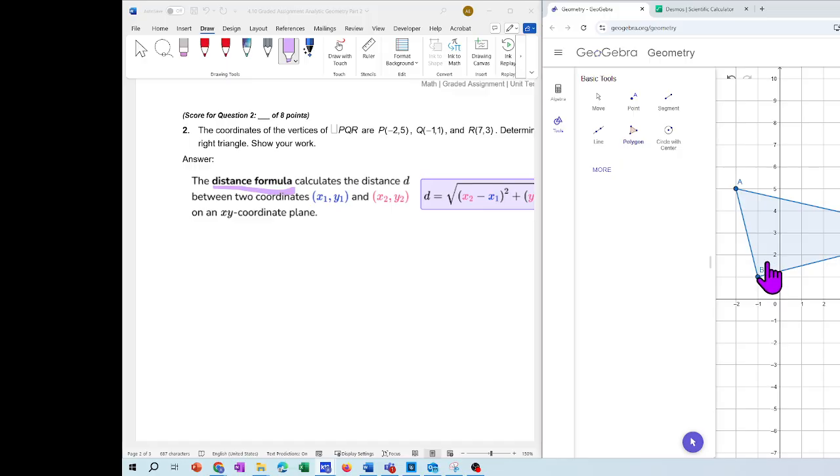We need to prove that, because it may look right, but I don't know if it really is, since this might be an 89-degree angle, or 88-degree angle. So for that, I have to calculate the length of all the sides: from P to Q, then Q to R, and then P to R.